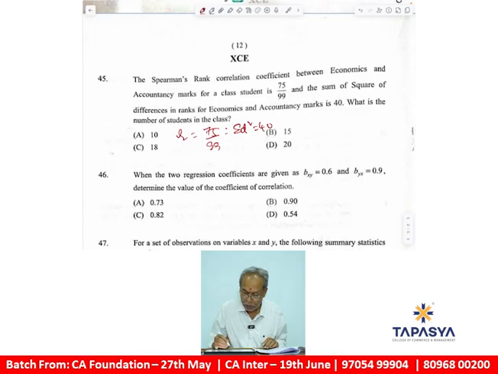Now, what is the number of students? So n is equal to question mark. r is equal to 1 minus 6 sigma d square by n into n square minus 1. Substituting the values, 75 by 99 is equal to 1 minus 6 into 40 divided by n into n square minus 1.